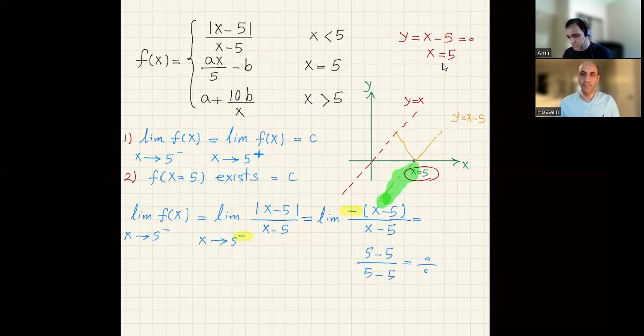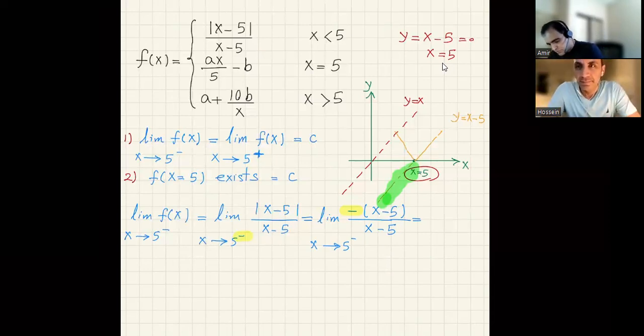We cannot do that. But since this is a limit problem, and we know that the x value is everything other than the exact value of 5, then we can divide these two, numerators and denominators. They can be canceled, and what we have left is just -1.